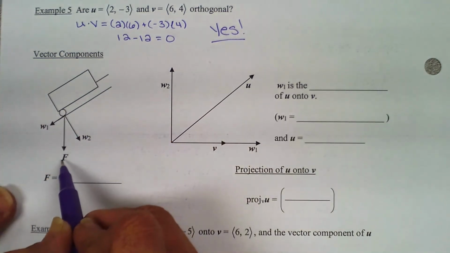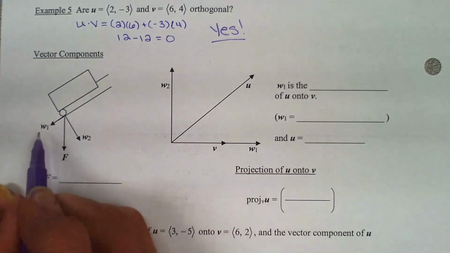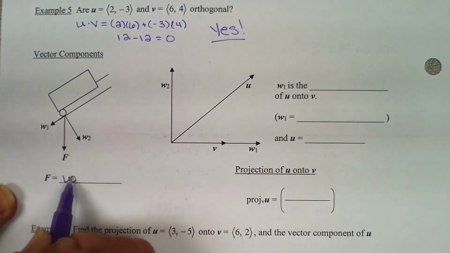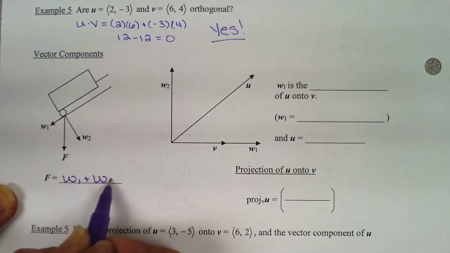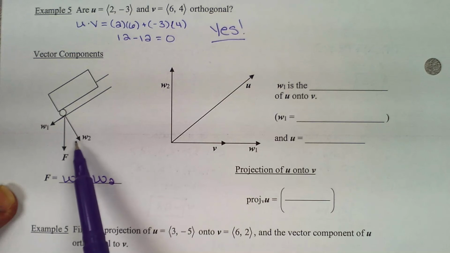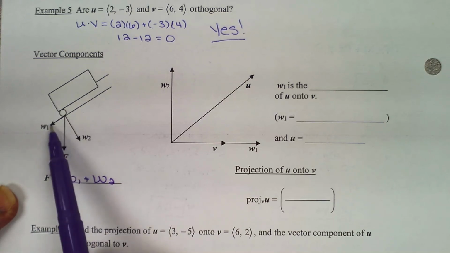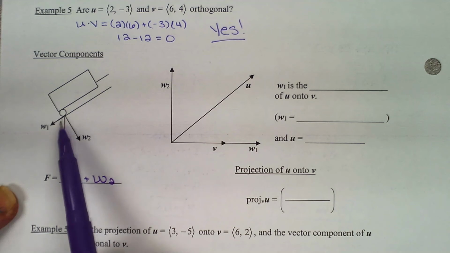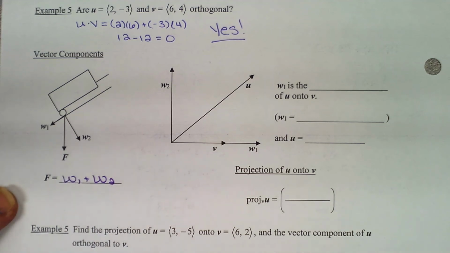This overall force here is made up by these two components here, W1 plus W2. Because if you look here, and if you were to take this vector and add it to the other, so we're picking it up, putting it on the end, it's going to end up down here creating that force straight down.